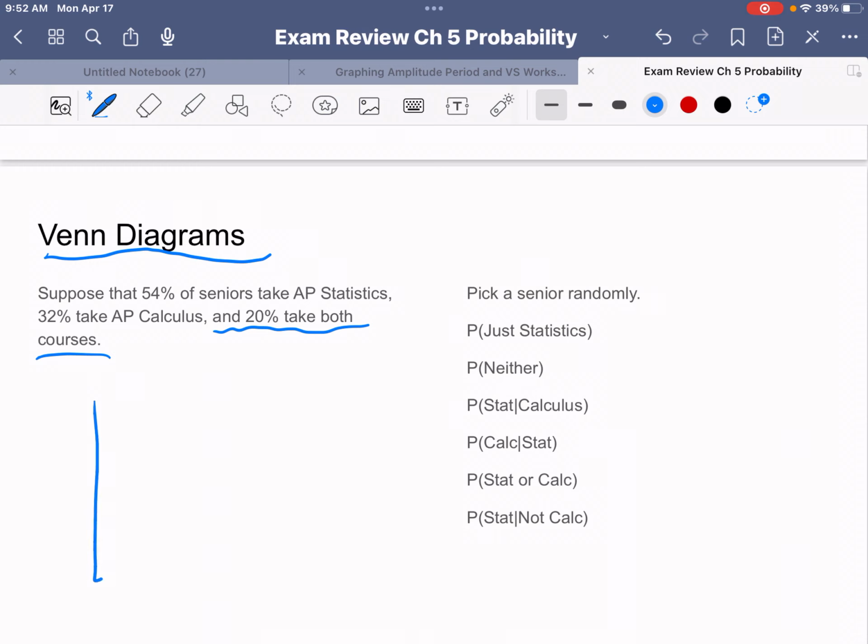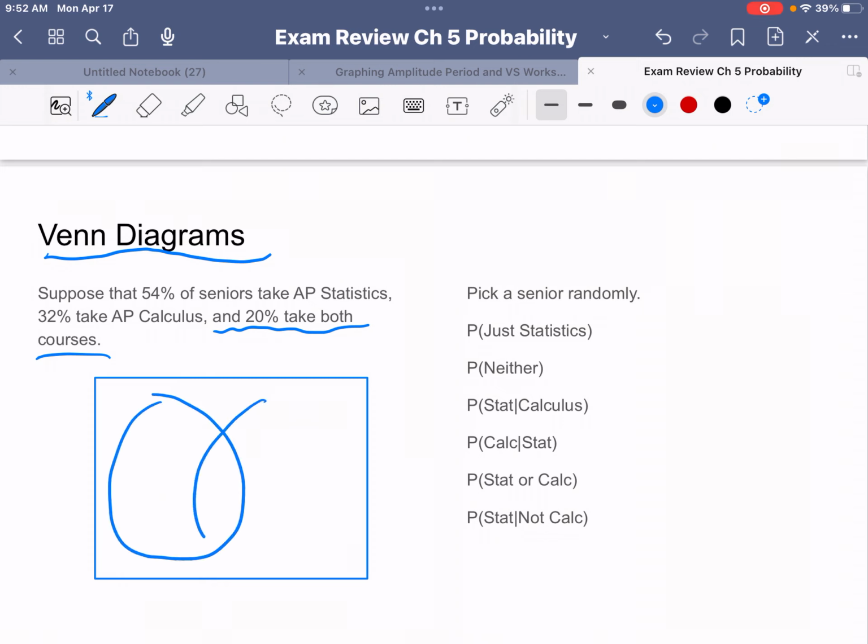I would immediately draw a rectangle, and I would draw two circles overlapping, and let one be stat and the other be calculus. And the minute I read that 20% take both, I put a 0.20 in here.